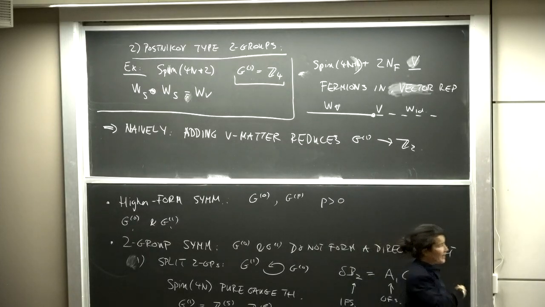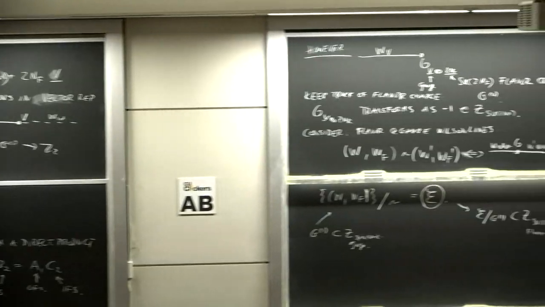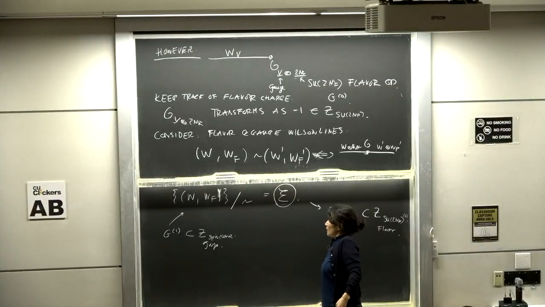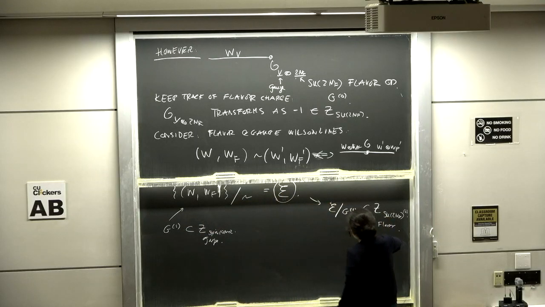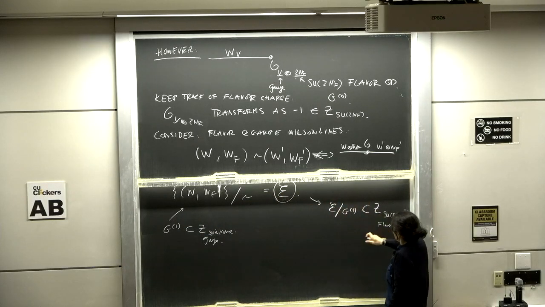And so now the flavor Wilson lines are just saying, I couple it to a flavor symmetry background, and I keep track of that. If you want, just think of it as weakly gauging the flavor symmetry, and I just consider Wilson lines again for this extended group. Okay, so we're getting this embedding of this one-form symmetry into this group, and then we project out, and this will be something in the center.